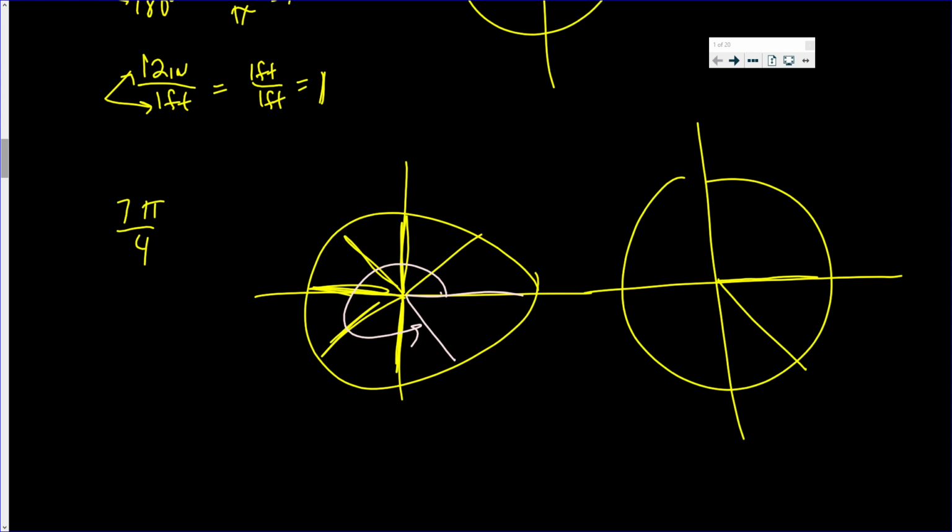It is this angle here. That is 7 pi over 4. Now, like I said, there's two ways of doing this. If you have 2 pi, which is 8 pi over 4, and you take away 7 pi over 4, you get pi over 4.